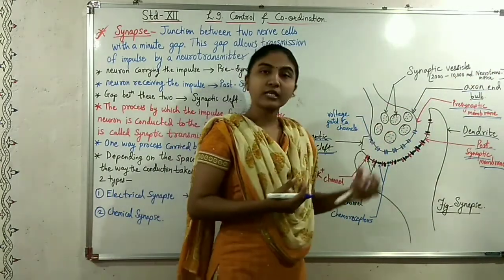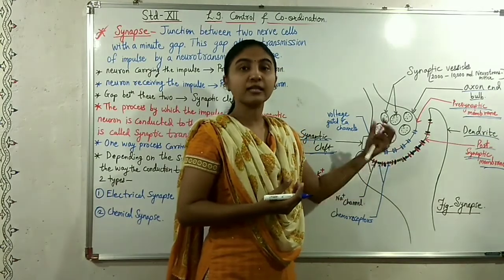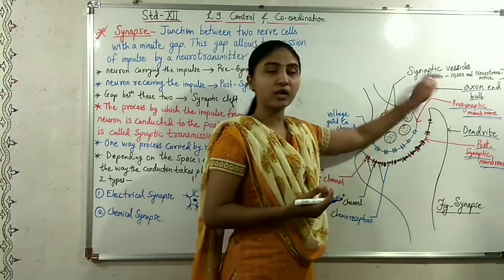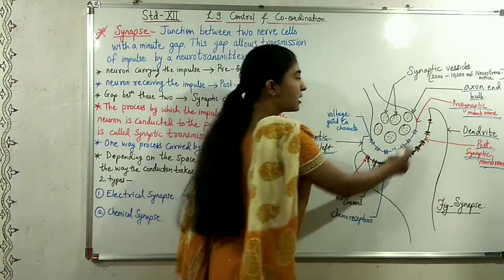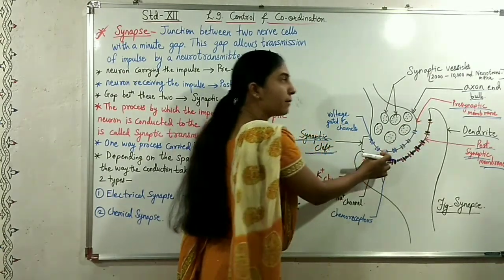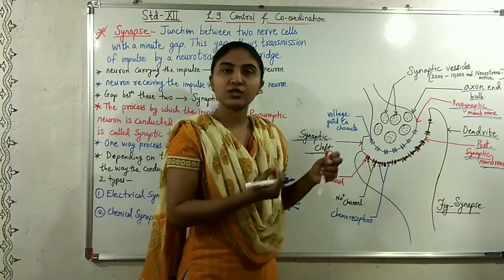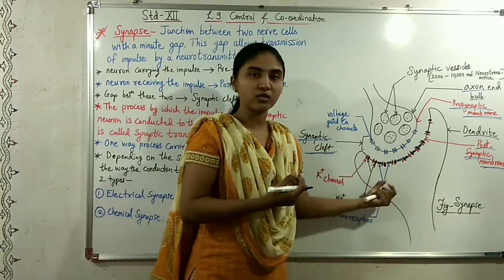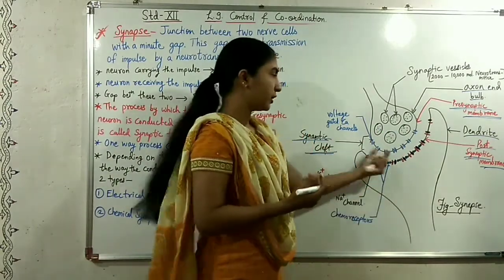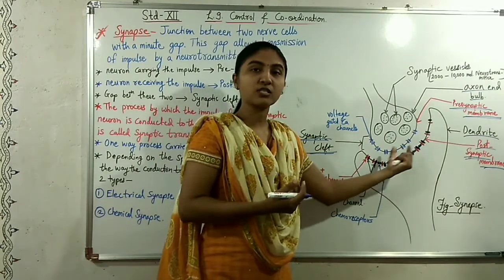So there are vesicles in the axon end bulb, and these vesicles have neurotransmitters in them. Whereas the presynaptic membrane has voltage gated calcium channels which allow the neurotransmitters to pass through it into this synaptic cleft, into this synaptic gap.